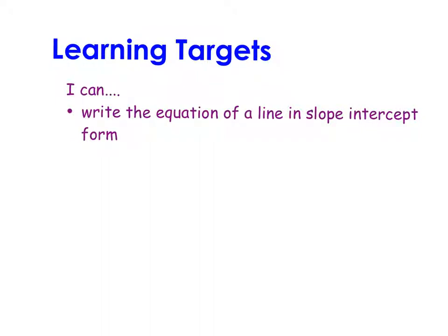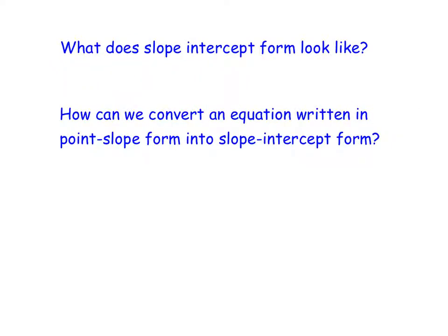In this video, we're going to write the equation of a line into slope-intercept form. Before we can actually write an equation into slope-intercept form, we have to think about what slope-intercept form looks like. Remember when we graphed lines, our slope-intercept form was our y equals mx plus b form.